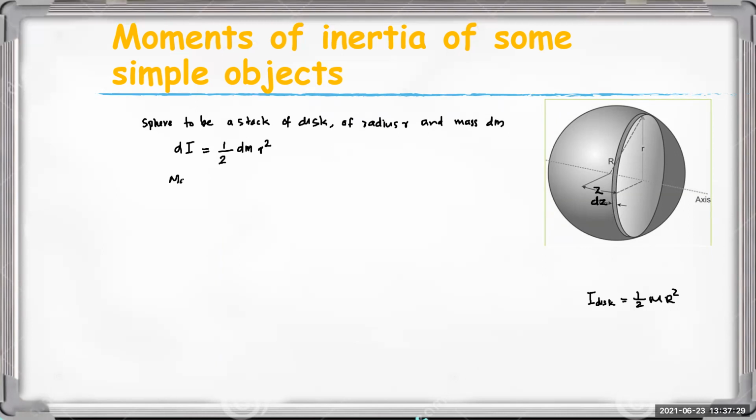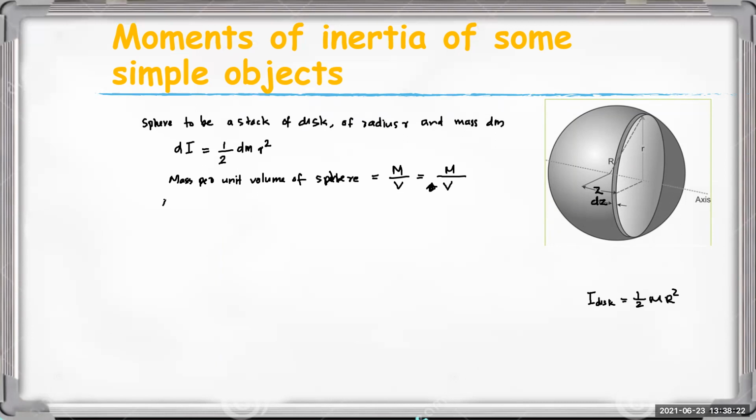For that, we write the mass per unit volume of the sphere, which is total mass divided by volume, M by V. The volume we know is 4 by 3 pi R cubed.